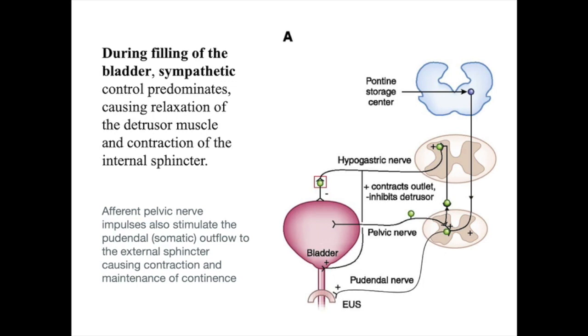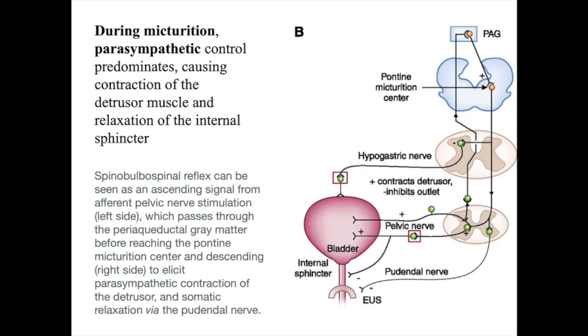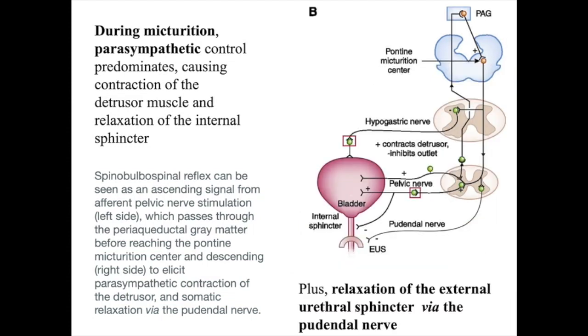Again, even the images may be a little bit complicated, and I took this from different sources, so they may not fully overlap. So do not worry about it. Just worry really about that little text that is on the top left portion of the slide. When a person is now in a different situation, so he's going to void the urine, we need the contraction of the detrusor and the relaxation of the internal sphincter.